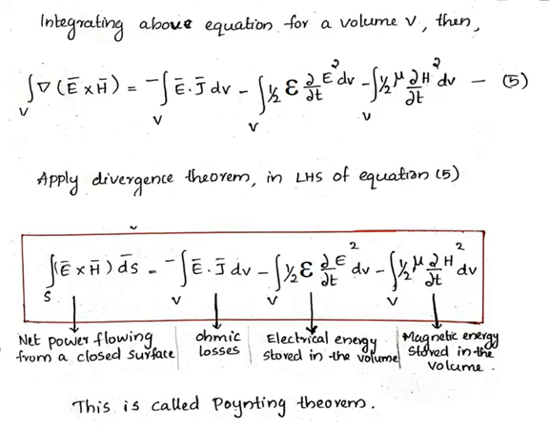During transmission, there will be losses in the form of heat or something. These losses are represented by the volume integral of E dot J dV, the ohmic losses in the transmission lines. This is the Poynting theorem.